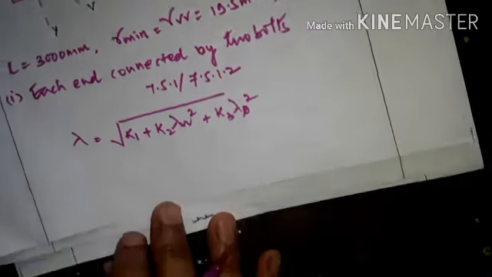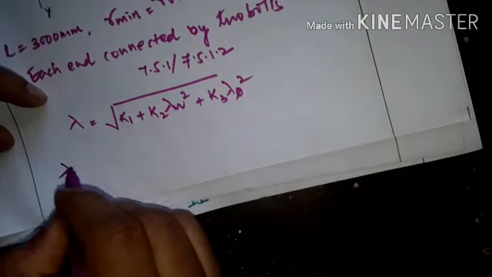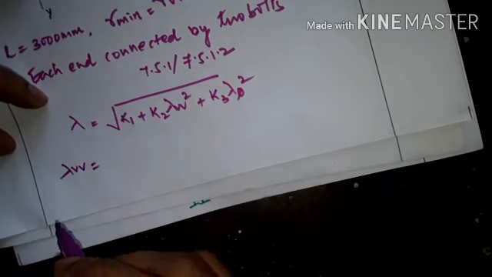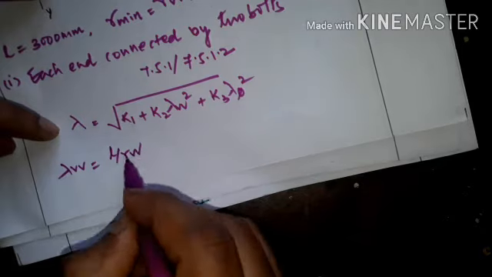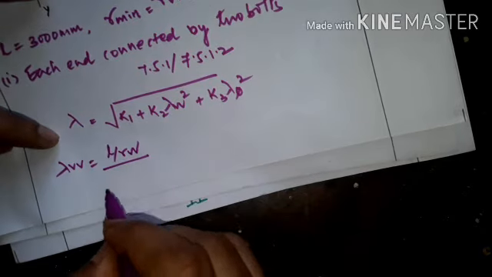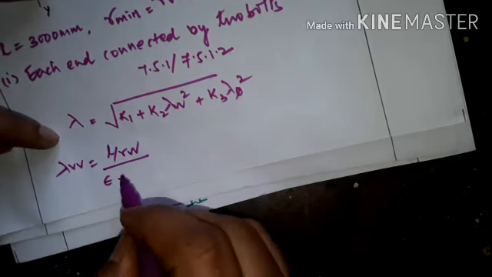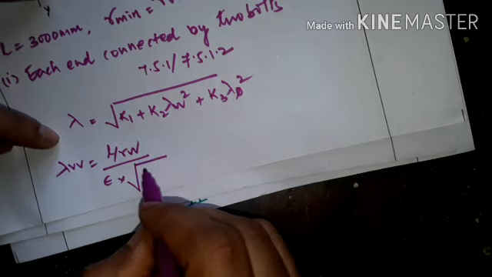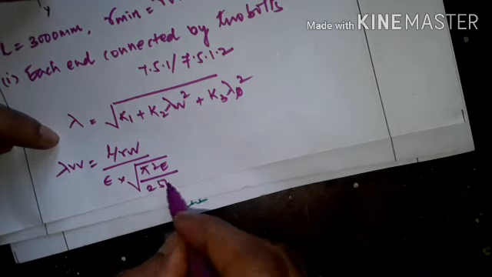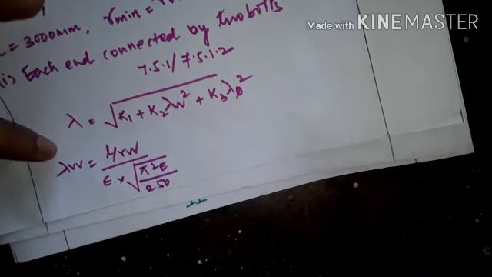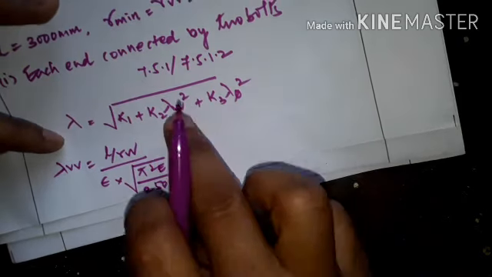Another detail, lambda vv. Lambda vv is equal to L by rvv divided by epsilon into the square root of pi square E upon 250. So these are the values you have to find out. First we find lambda vv.